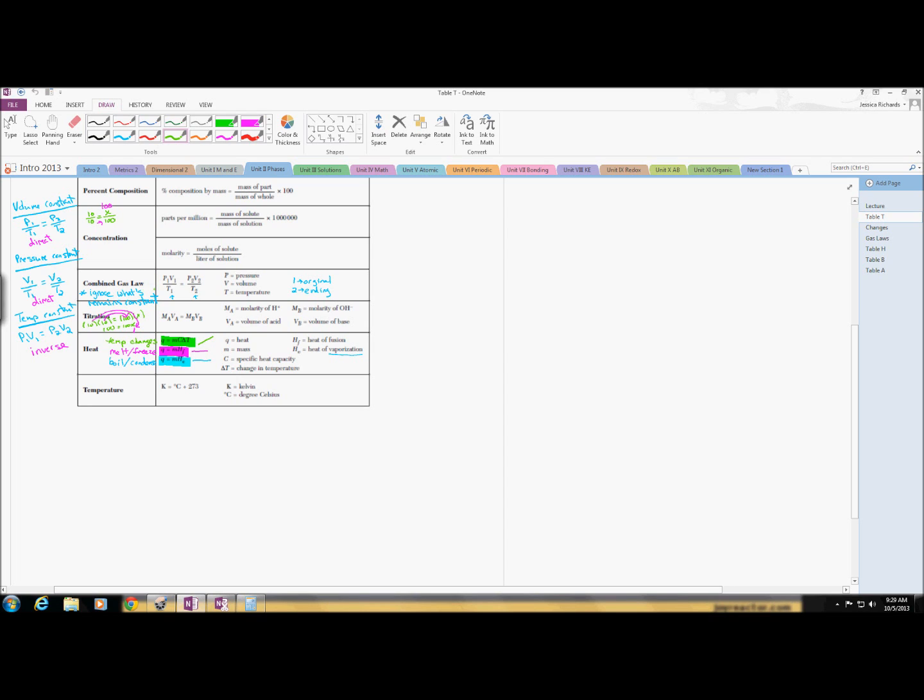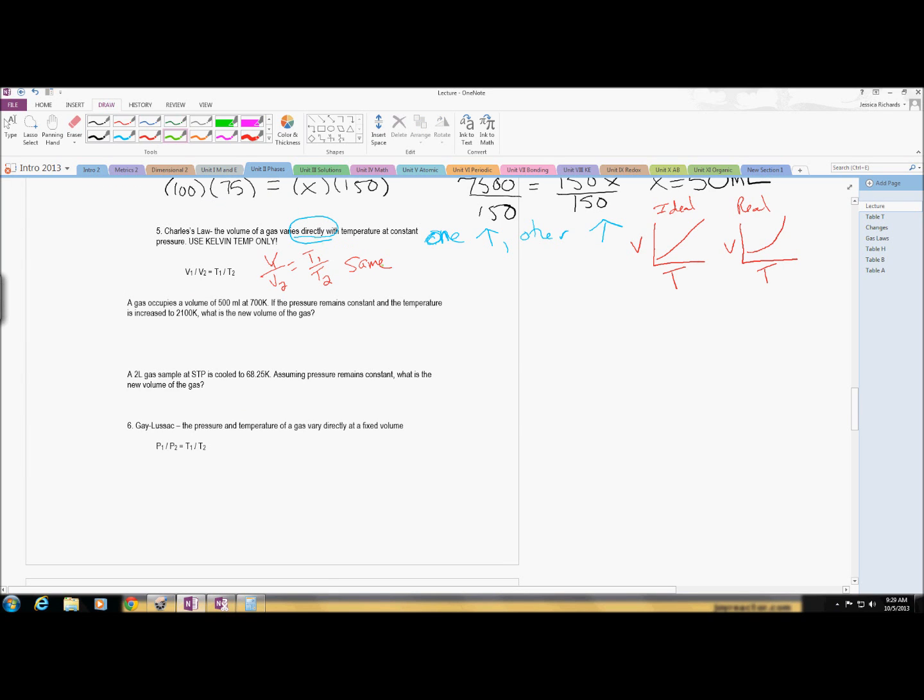It says to ignore what remains constant. So if this is Charles's law, we're going to ignore pressure. So we're just going to cross pressure out, and we get V1 over T1 equals V2 over T2. This is going to mathematically be the same equation. We've just done some algebra and rearranged the parts.